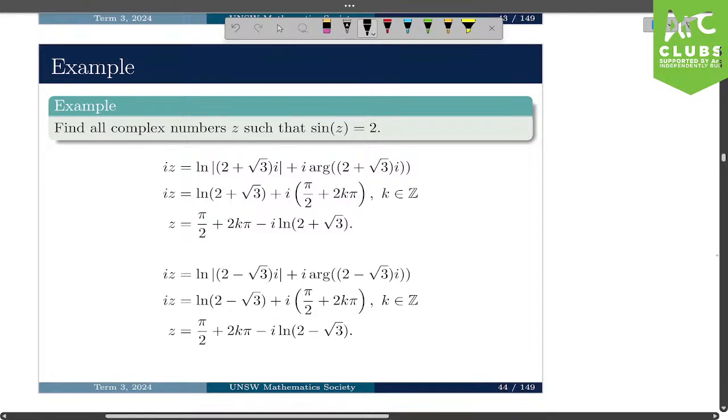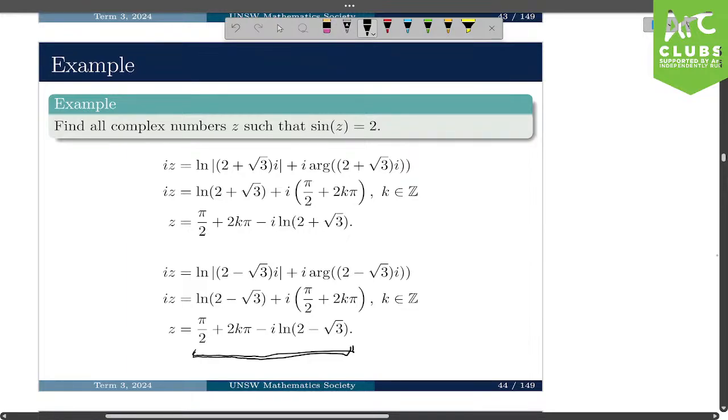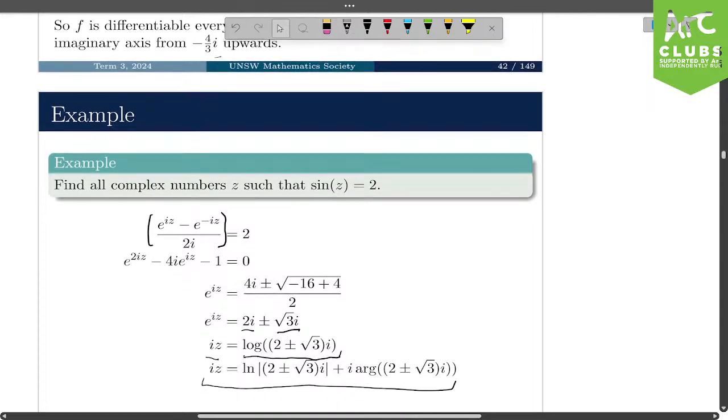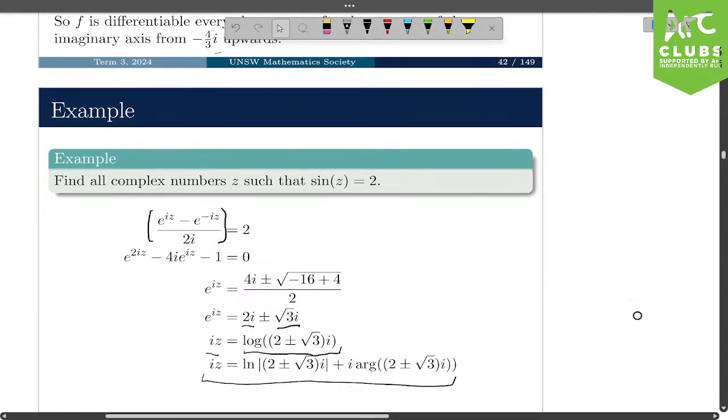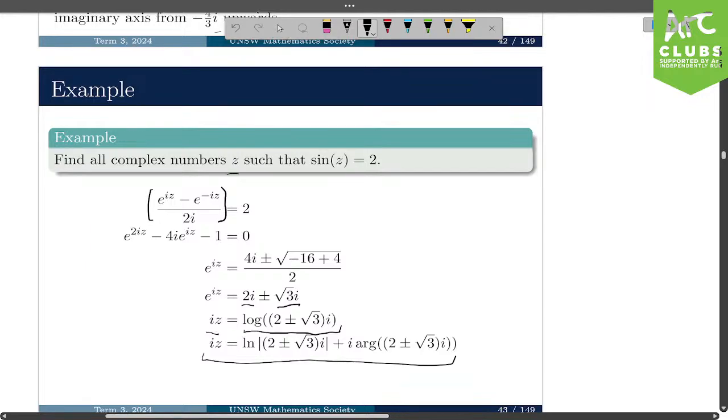So when we actually evaluate this, we get that z is an element of this form, right? So part of this infinite family of solutions. Because, again, as I've said, e to the iz is not a one-to-one function. So we can't determine the value of z that satisfies this uniquely.